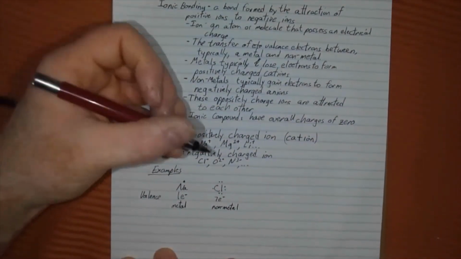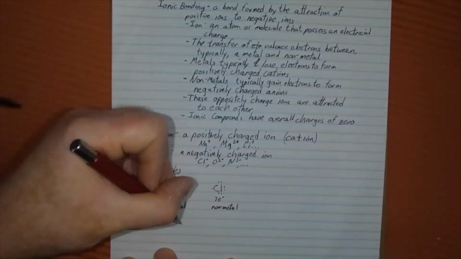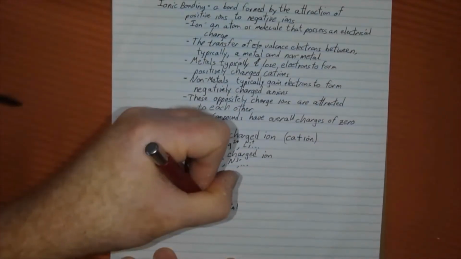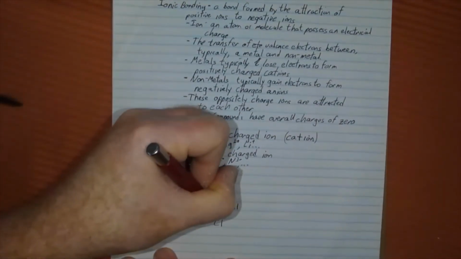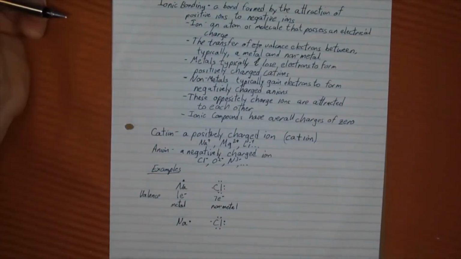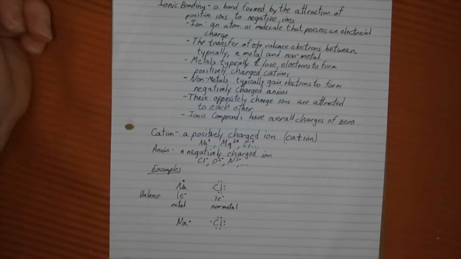And then essentially what's going to happen is, I'm going to draw it down here, Na with its electron, Cl with its 7 electrons. Neither are satisfied. Both want to have a filled octet, or a filled valence shell.